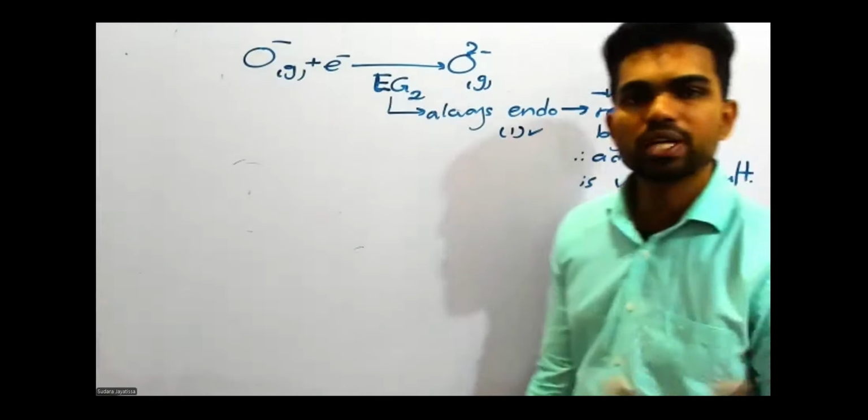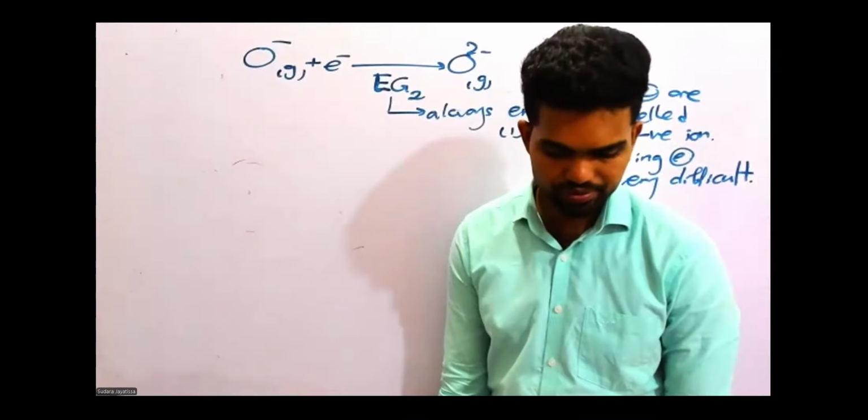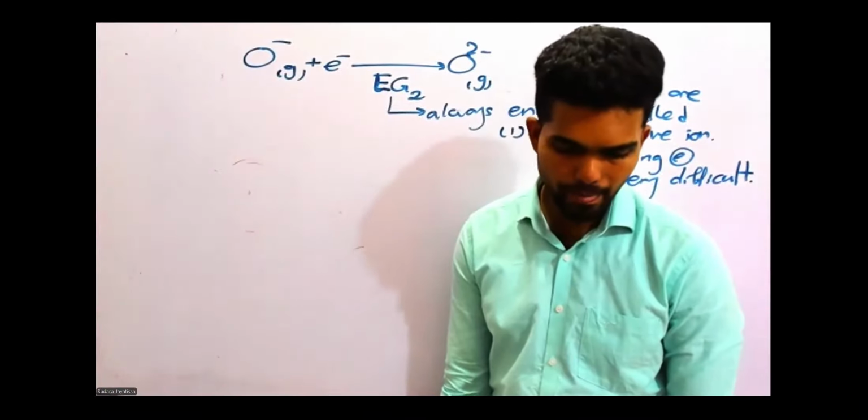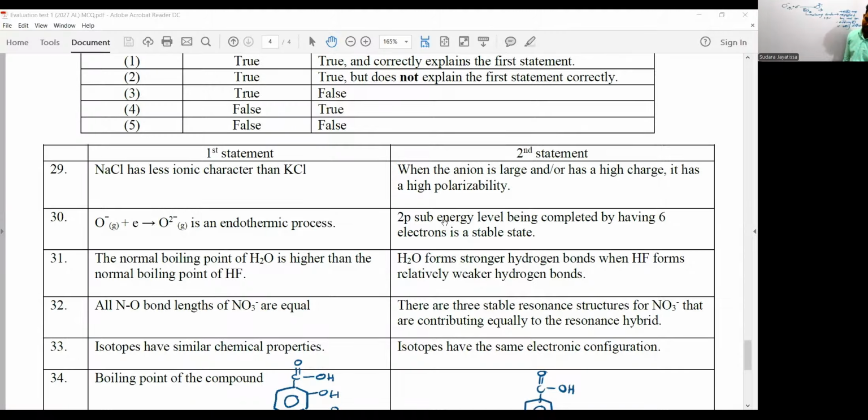But now let's look at the second statement. The 2p sub-energy level being completed by having 6 electrons is a stable state. So 2p6. In a p sub-energy level you have 3 orbitals, so completing that fully is a stable state.